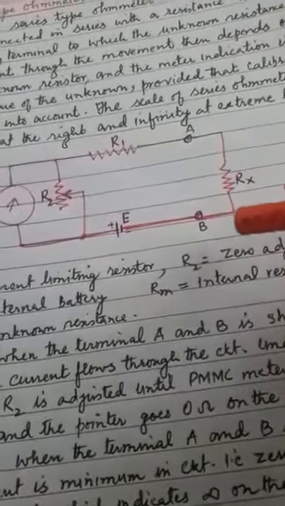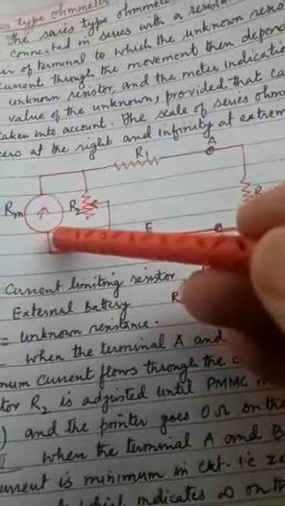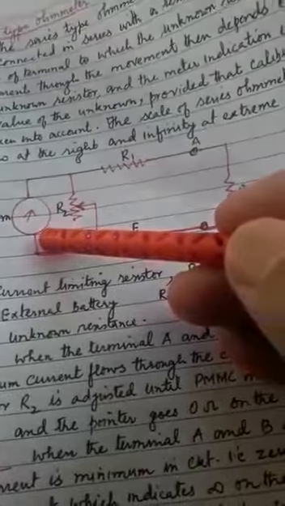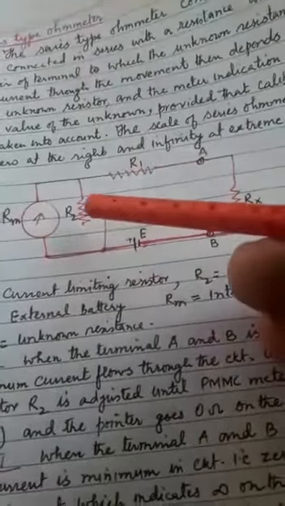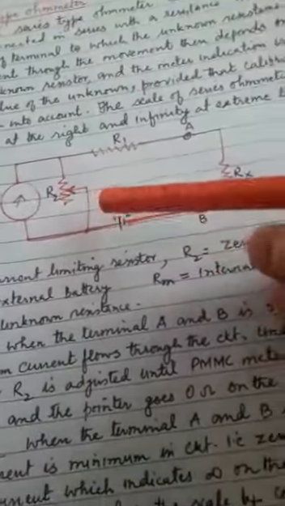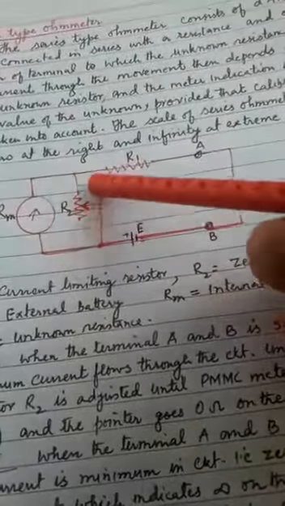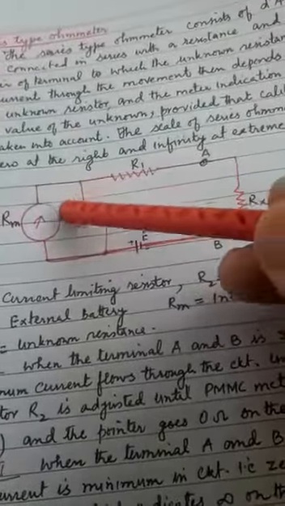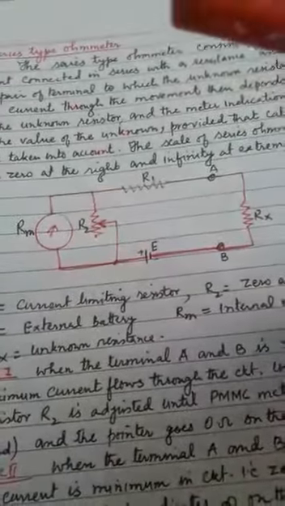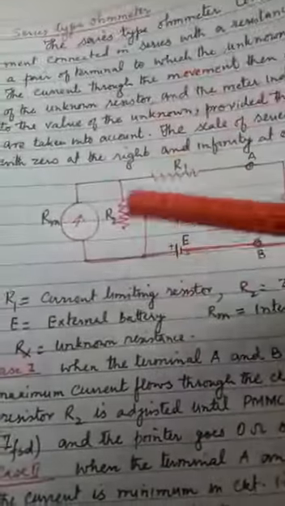On becoming 0, a full scale deflection is shown by the D'Arsonval meter, because R2, the zero adjustment resistor, is adjusted in such a manner that the deflection goes to full scale. This was the first case.